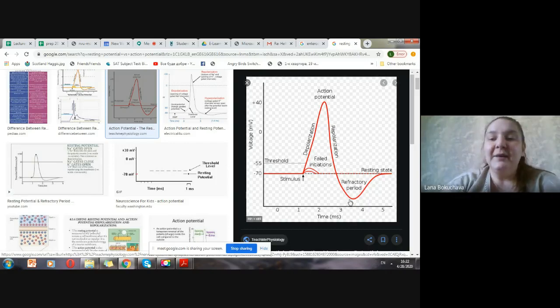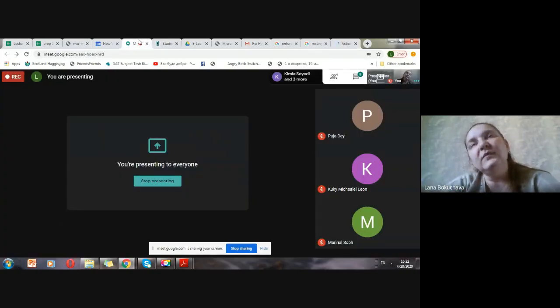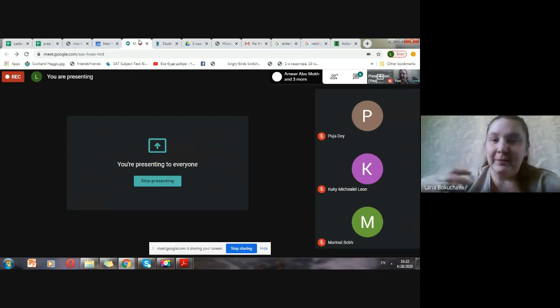It needs time to go back to the resting state, and only after that can we have the formation of a new action potential. The same idea happens in the case of the heart, because the heart cell needs to be activated, something should trigger it. But the most interesting thing is that the heart doesn't need any other cell, for example a neuron, to trigger this action potential. It can do it itself.